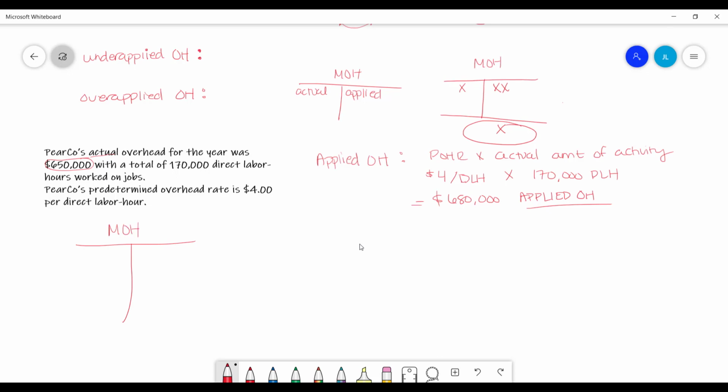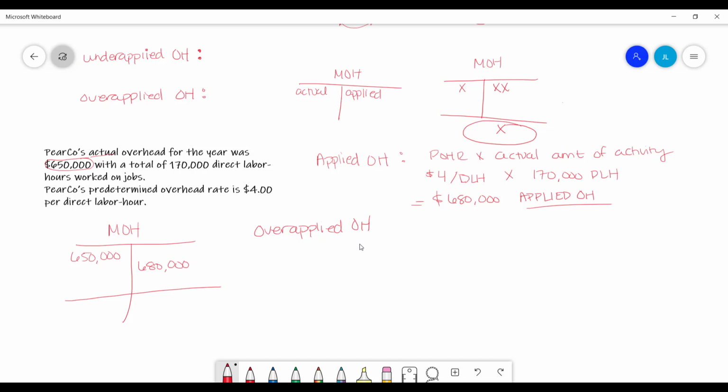Remember, the debit side is the actual side, right? That's where we're going to put the actual overhead of $650. But the applied side was the right side, and we ended up applying $680,000 of manufacturing overhead. Are we under or over applied here? Because remember, actual side, applied side. Well, it looks like our applied overhead is more than our actual overhead. So that must mean that we have over applied overhead.